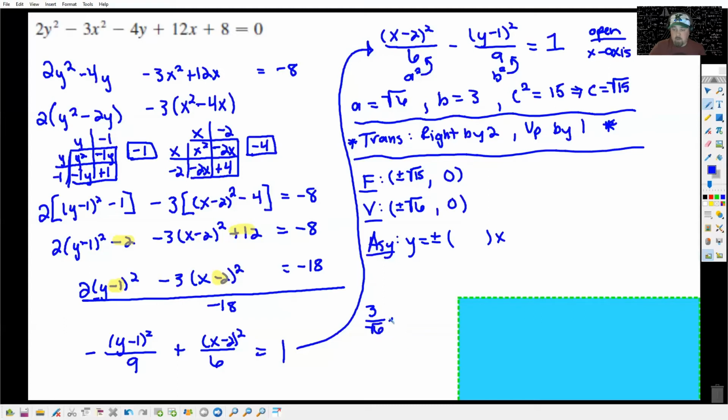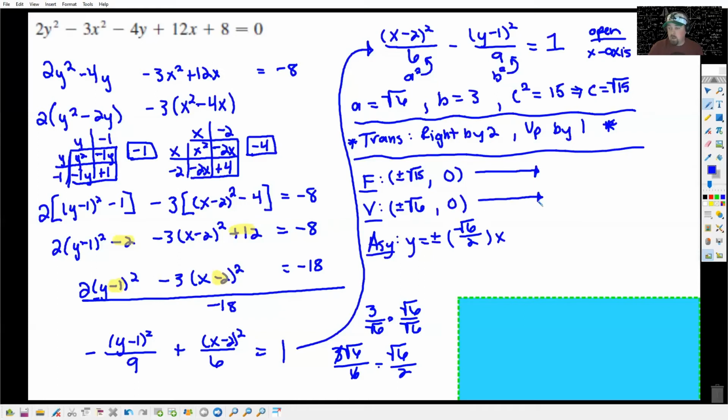Now we've got to rationalize that thing. We get square root of 6 times square root of 6, so we get 3 root 6 over 6. Those have a common factor, so this is the square root of 6 over 2. So this slope is the square root of 6 over 2. Not going to be anything really nice to graph, but if we want to find its equation, we've done that.